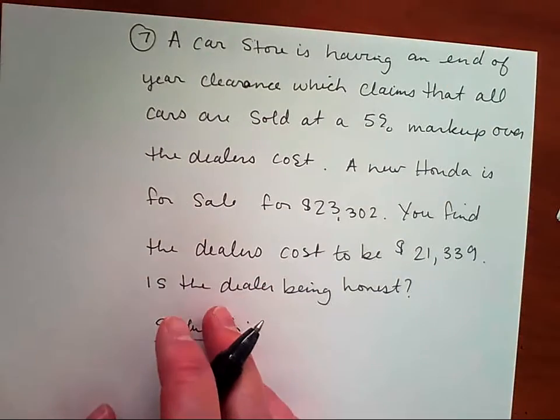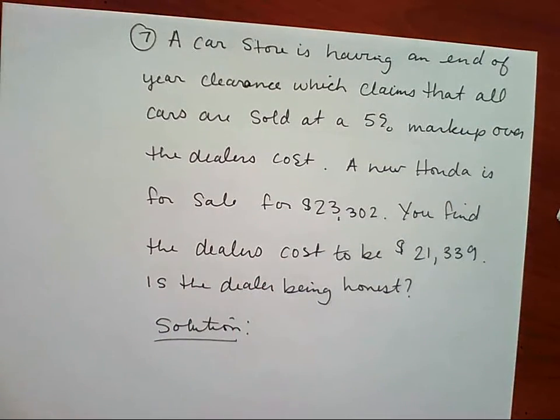A car store is having an end-of-year clearance which claims that all cars are sold at a 5% markup over the dealer's cost. A new Honda is for sale for $23,302. You find the dealer's cost to be $21,339. Is the dealer being honest?